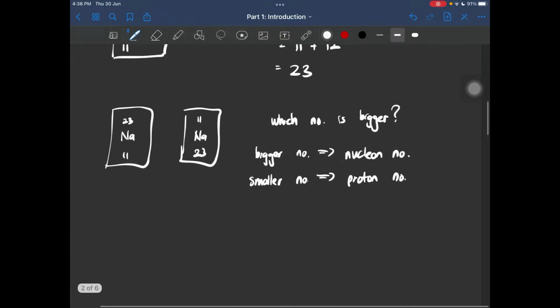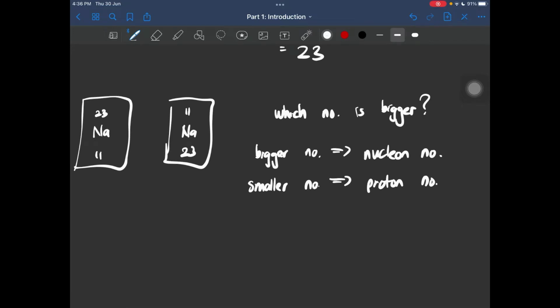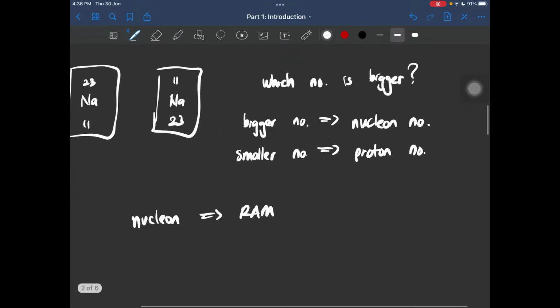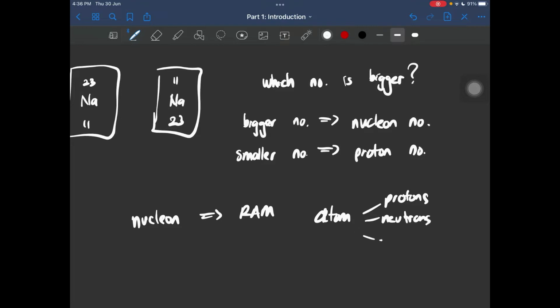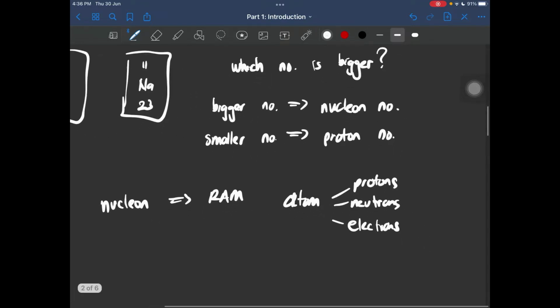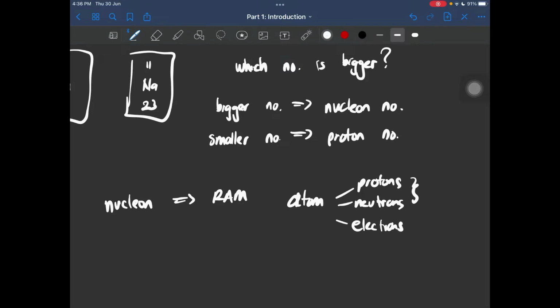Besides that, the nucleon number is actually also referred to as the relative atomic mass, and this is because in an atom you have protons, neutrons and electrons, right? However, the mass of the protons and neutrons makes up most of the mass of the atom, which is why we can assume that the nucleon number is also equivalent to the relative atomic mass of the element.